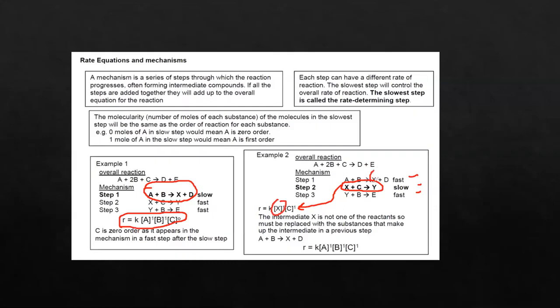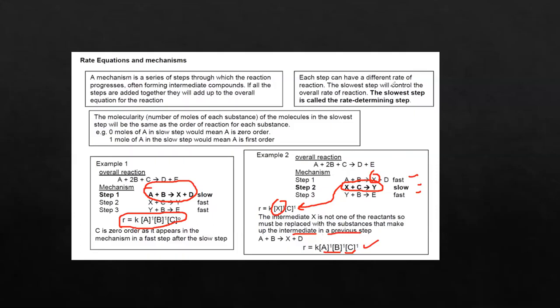How is X formed? X is formed by mixing of A and B. So that's why A, B, and C will be there. X is an intermediate, not one of the reactants, so it must be replaced by the substances that make up the intermediate in the previous step.